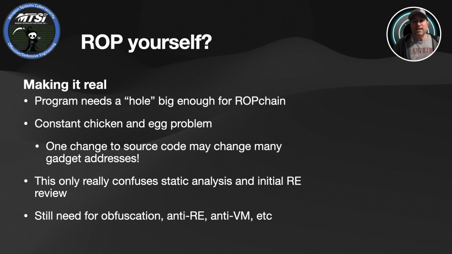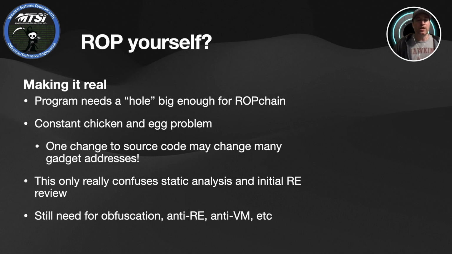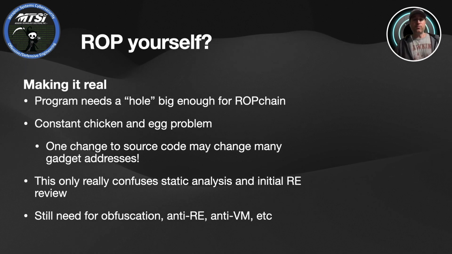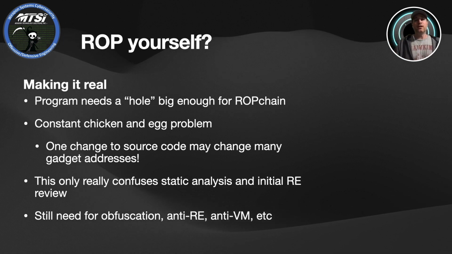There's still a need, if you really want to operationalize this, to use enhanced obfuscation techniques, anti-RE, anti-VM, anti-debug, all of those things, to make sure that if a tool or a person takes the program and says, okay, I'm going to put you in a virtual machine and let you run and see what you do, that it would still stay benign unless it knew it was on the full target system.